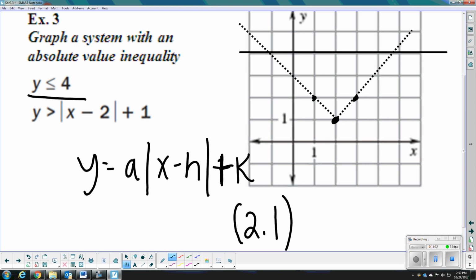Now again, you can use the point 0, 0 to test. First of all, for y is less than or equal to 4, you don't really need to pick a point. You can see that any of these y values are less than 4. You can if you want. 0 is less than 4.